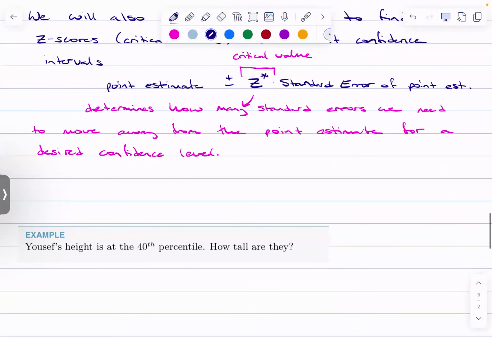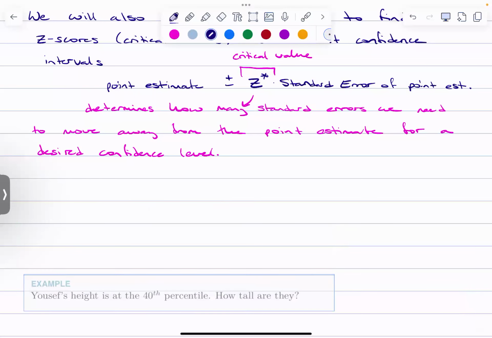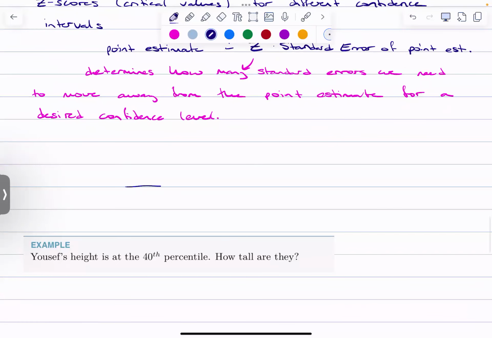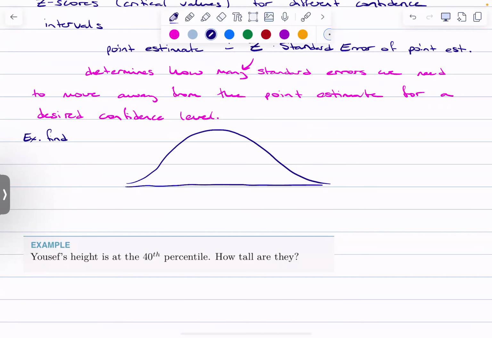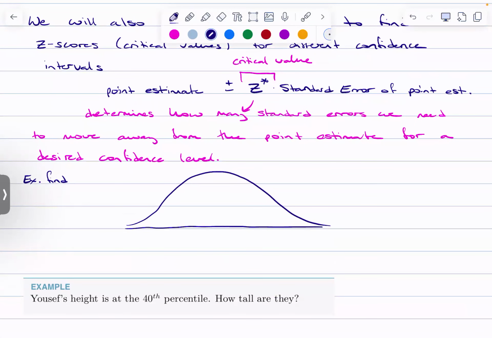So for example, I feel like we already did it, but I can't remember exactly. Example: find Z star for a 95% confidence interval. We know it's 2-ish, but we're going to use 1.96 because it's slightly more accurate.